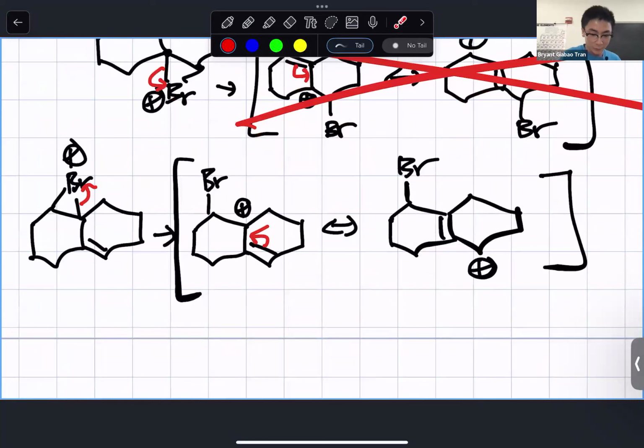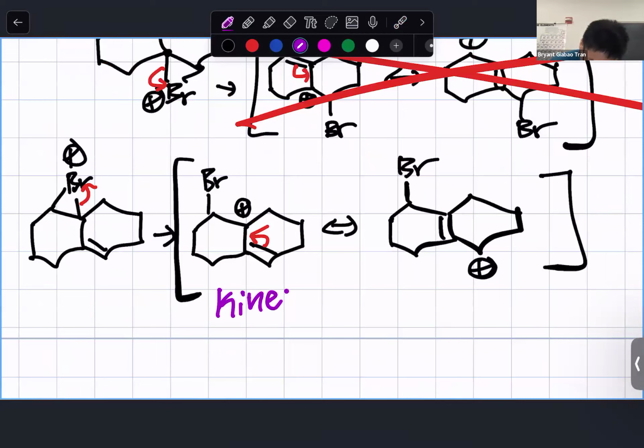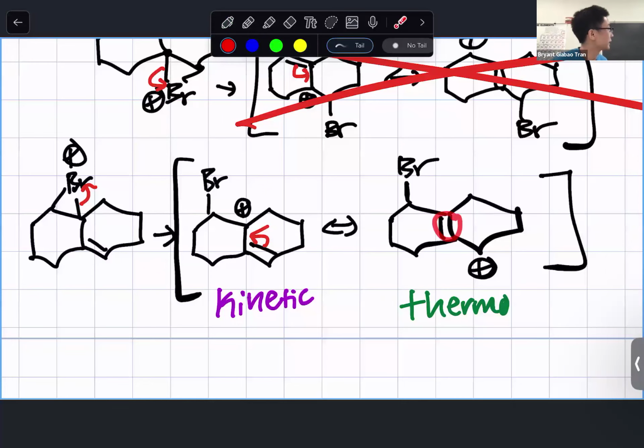Which one of these resonance structures here would be the thermodynamic product, and which would be the kinetic product? The left one is kinetic, because that has the tertiary allylic carbocation. Thermo would be the right because it has the tetrasubstituted double bond, which is more stable than the trisubstituted double bond.